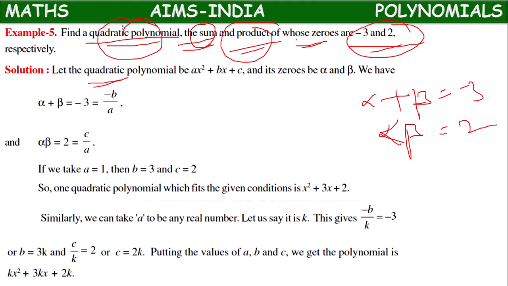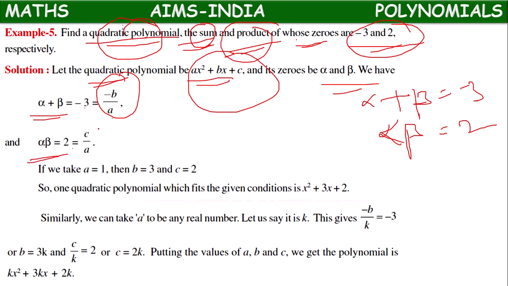Let the required quadratic polynomial be ax square plus bx plus c, whose zeros are alpha and beta. Then alpha plus beta equal to minus 3, which is equal to minus b by a. Alpha beta equals 2, which is equal to c by a.